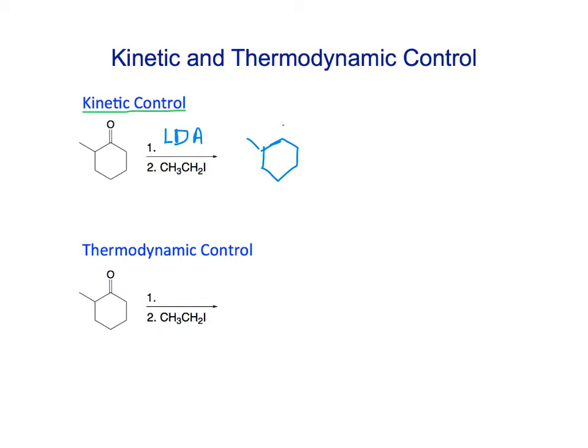And so we're going to form this, and we're going to say that this is essentially irreversible. All right, so then if we add our step 2, our ethyl iodide, it's just going to react at this less substituted side.